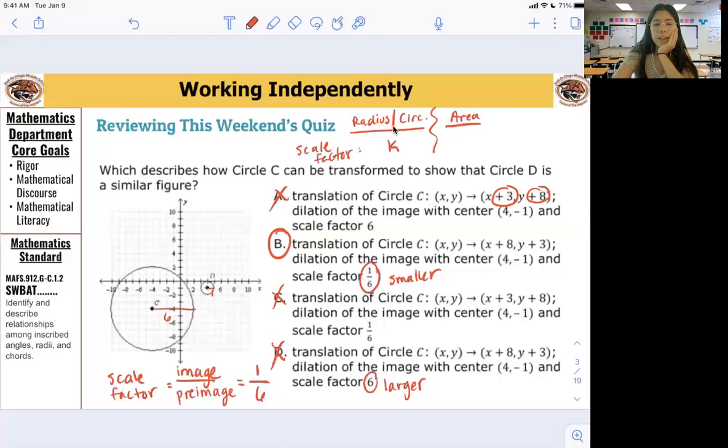There's something you got to do to the k. K squared. So what would I need to do to the area of this circle to find the area of the small circle? I would have to multiply it not by 1/6, but by 1/36 to get the new area. So you just have to remember that for area, the scale factor is k squared. Questions on that? We'll review that a little bit more tomorrow, but do I have any questions on that?